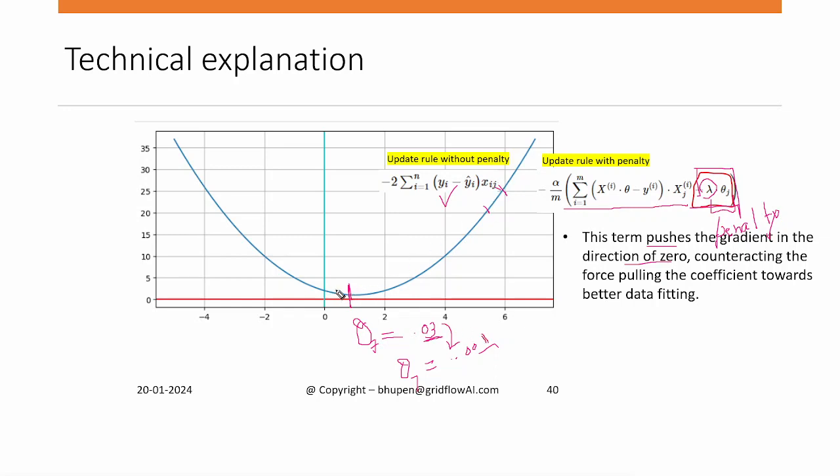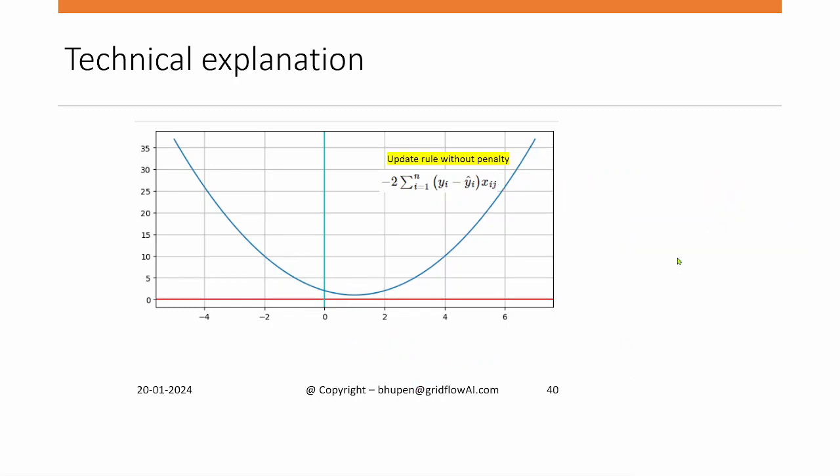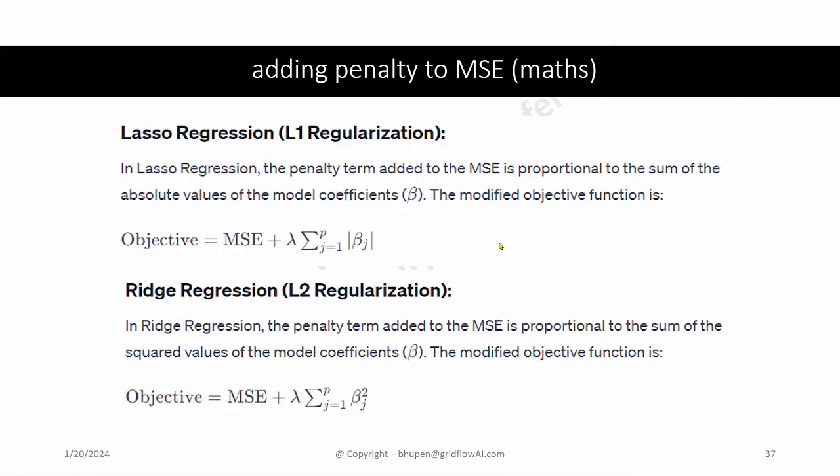Rather, it converges rather fast, and hence the coefficients are slightly different than the coefficients that you would get when no penalty term or without regularization. Now, because of this, the effect that we get with the regularization is the shrinking of the coefficients.